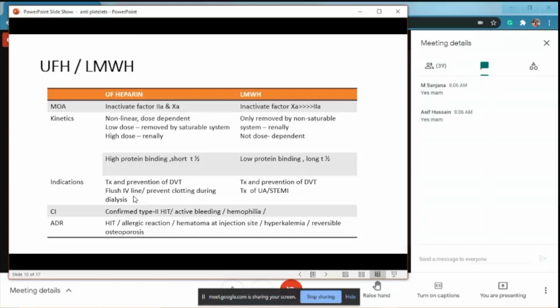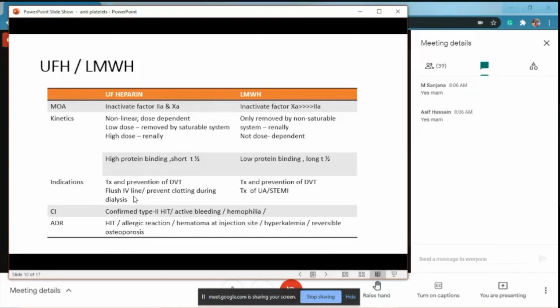Low molecular weight heparin is sub-Q, and heparin is IV and sub-Q. So never go IM. It can cause hyperkalemia by decreasing the aldosterone level, and sometimes it can cause reversible osteoporosis. If you use it long term, like 3 to 5 months, it can cause osteoporosis.